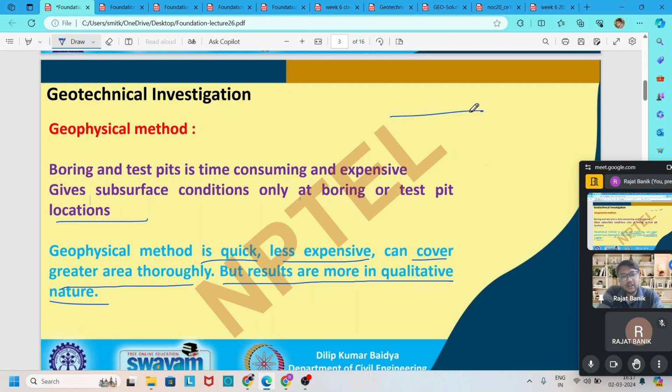In the geophysical method, we do not need any boring, digging, test pit or borehole. We only need some equipment to create a seismic force at one location and observe the seismic waves at another location, and in between we want to find the properties of the soil.